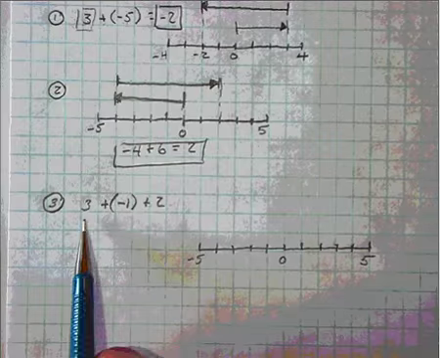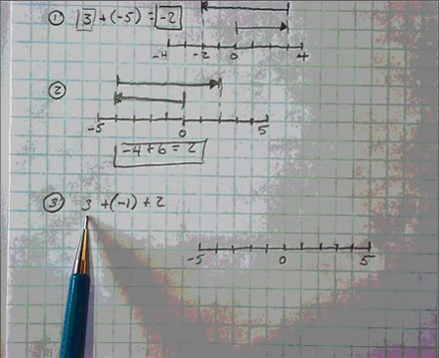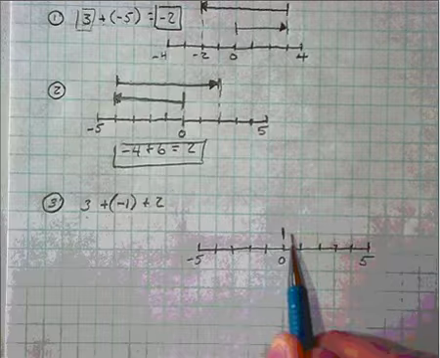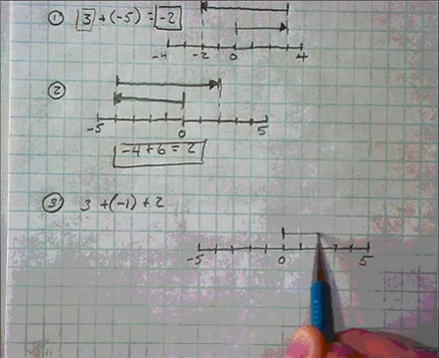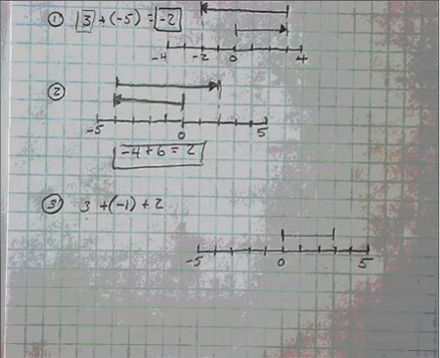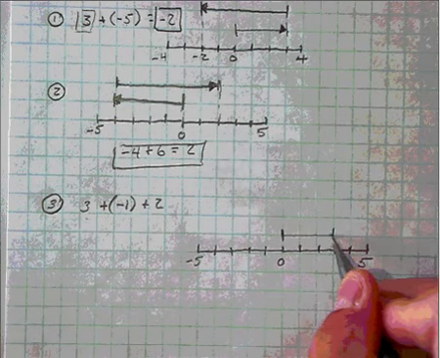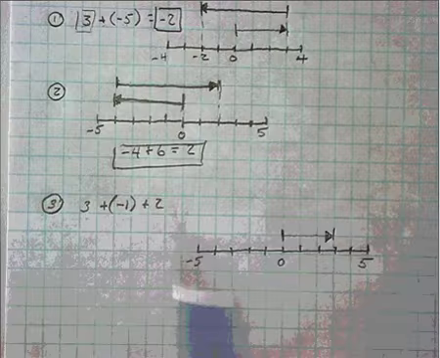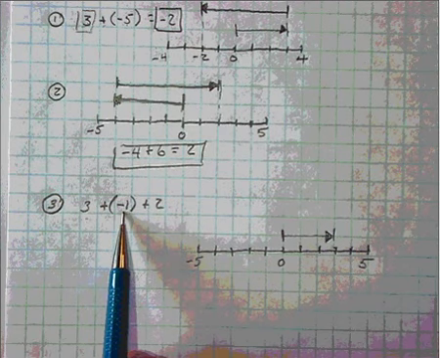So same deal. We start here at 3. So we start at the origin, and then we go 3 in the positive direction. So starting here, 1, 2, 3 in the positive direction. Make my little arrows there. Now I'm going to add to it 1 in the negative direction.